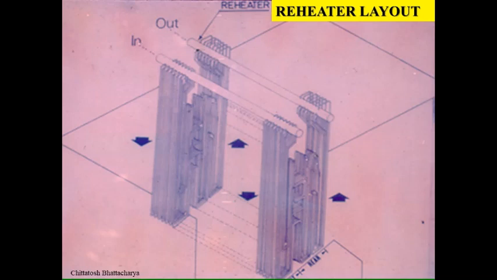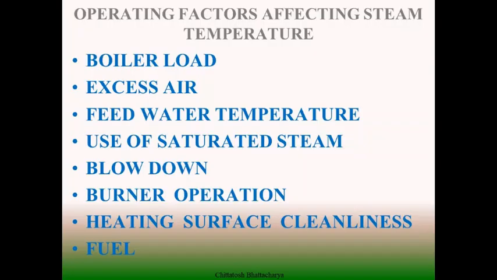So far from our discussion, we have seen that final superheater temperature and steam temperature is a very important parameter in the context of total heat content of the steam and how that can be used for work availability in the turbine.